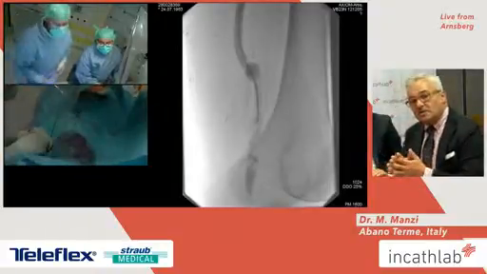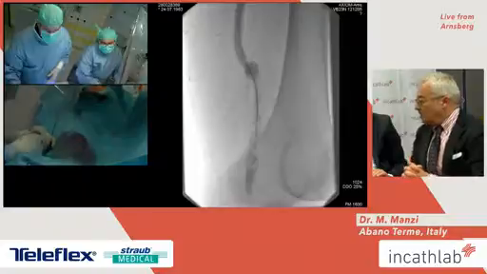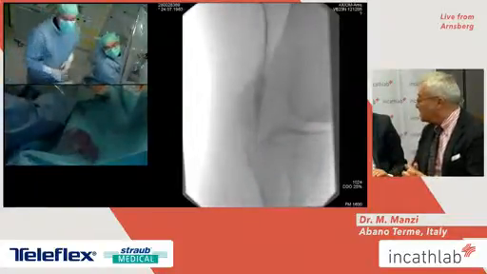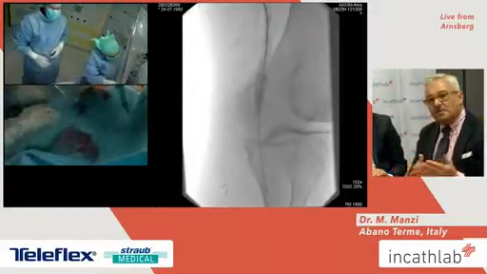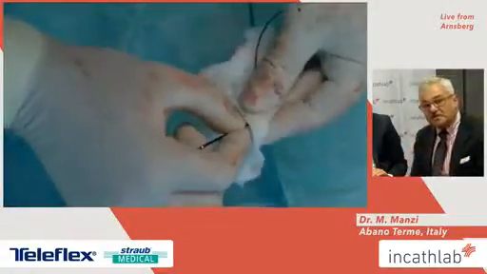So, do you think, Michael, this procedure could be performed with a direct antegrade approach in the common femoral artery? What are the advantages or the additional risks for the procedure?